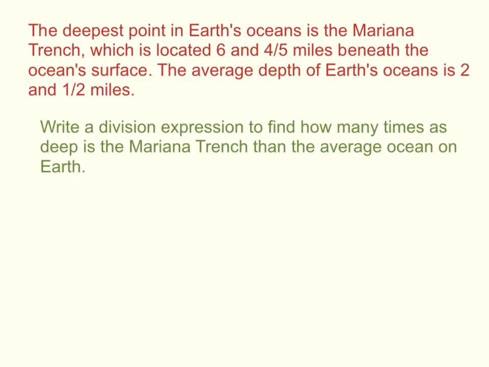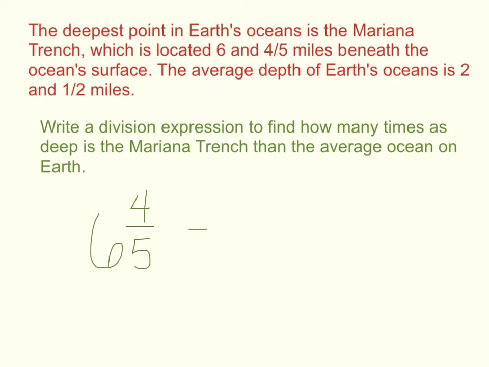We can use this information to answer the guiding question, which asks us to write a division expression to find how many times as deep the Mariana Trench is than the average ocean on Earth. We can set up the following problem to help us come up with the answer. We can begin by using 6 4/5 as our dividend, because that is the deepest part of the Earth, which is the Mariana Trench.